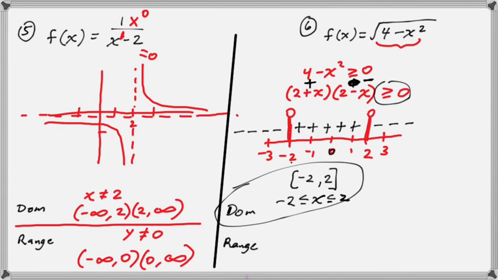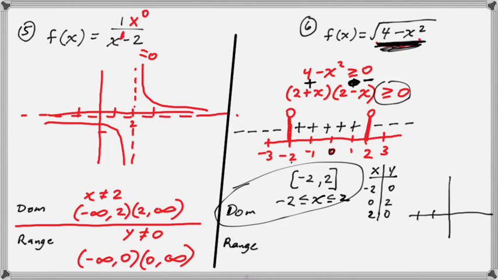Now, if I just plug and chug, make an XY table, and I put in, let's say, a negative 2, a 0, and a 2, what would I have? If you want to put in more, you can. These would give you 0. If you put in a 0, what's 4 minus 0? 4, and the square root of 4 is 2. So it ends up looking like this.